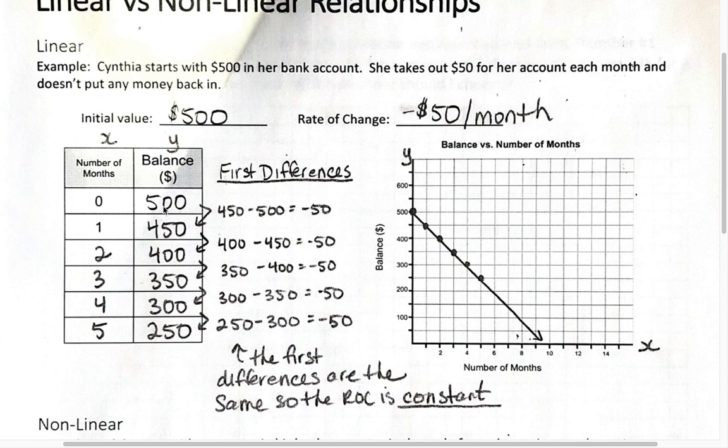We did this in our head. We took 50 away each time, but we can formalize this a little bit. When we look at how a dependent variable is changing as our independent variable goes up by the same amount, so this is going up by 1 every single time, I can see that the dependent variable is going down by 50.